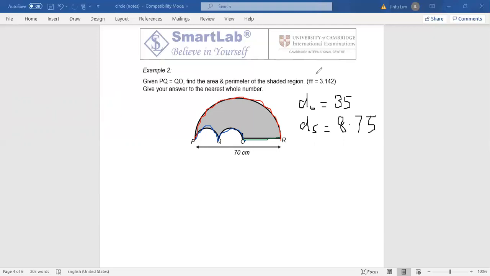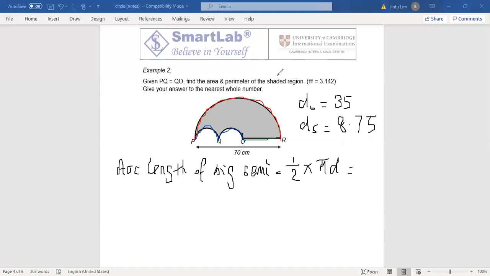So we'll find the arc length of the big semicircle. So the arc length of the big semicircle, we just take half times pi d.